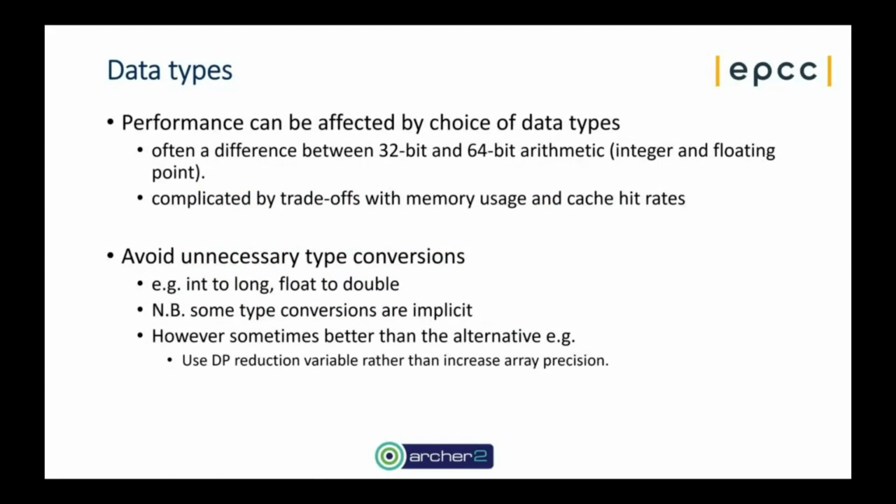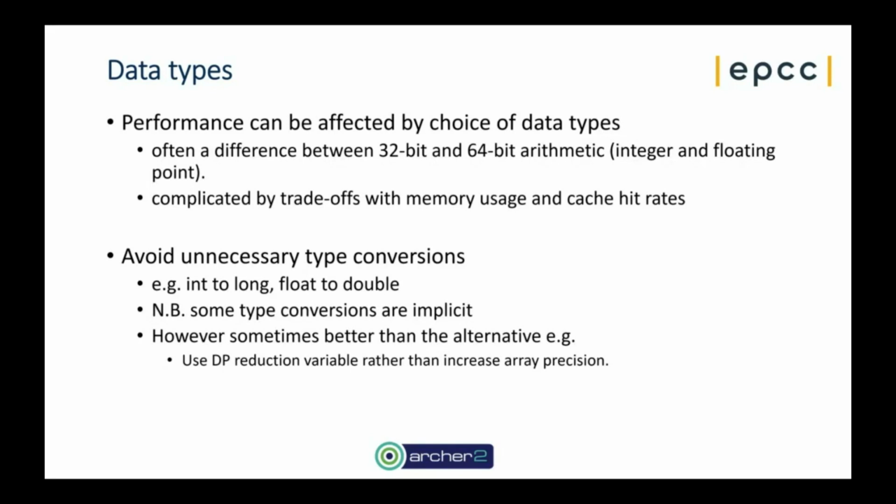We can also help performance, not particularly the compiler here, but performance in general, by looking at data types. There's a flip side of this coin, which we'll come on to, but we can look at data types to reduce the cost of things by saying, actually, I don't need 64-bit floating point numbers here, I could get away with 32-bit floating point numbers.